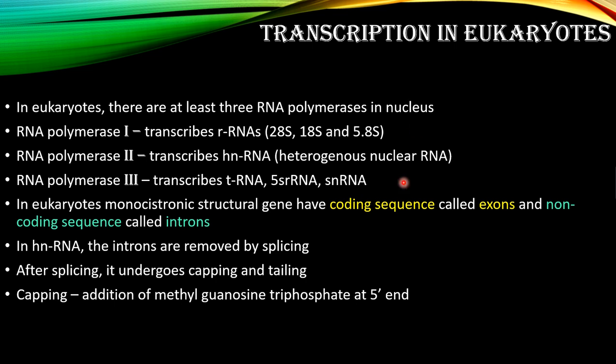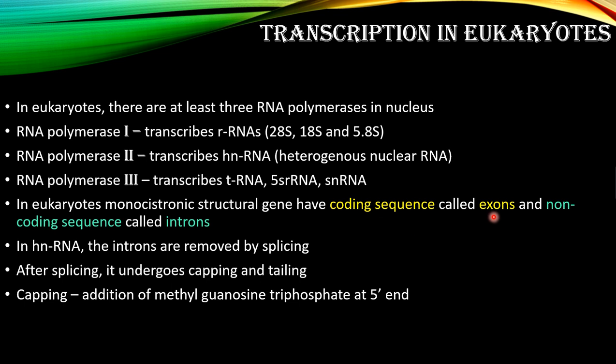In RNA synthesis, now already I said about exon, intron, splicing, and tailing. We are going to see it, first theoretically, and then I'll explain the picture. So this monocistronic structural gene in eukaryotes, a single gene, is responsible for the synthesis of a single mRNA. Monocistronic, mono means single. It has a coding sequence.